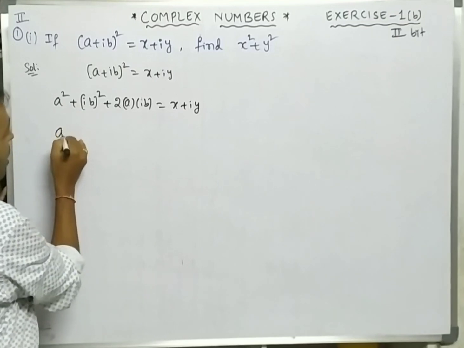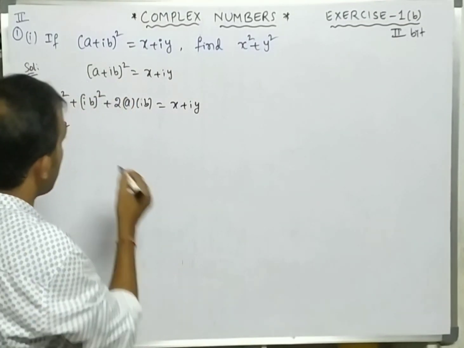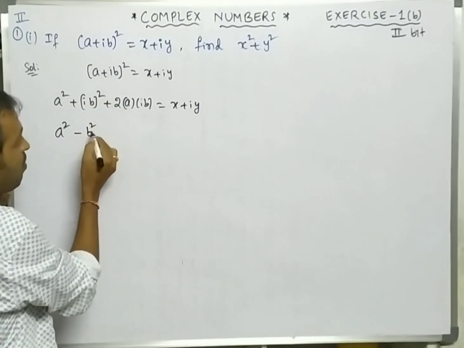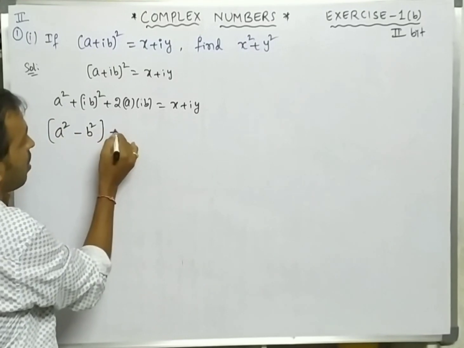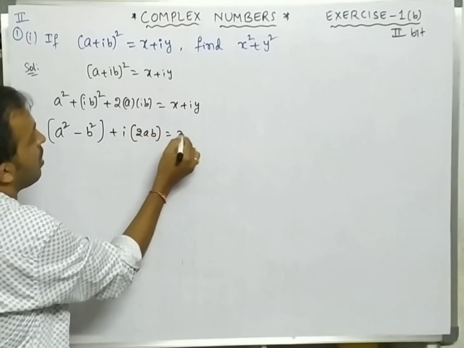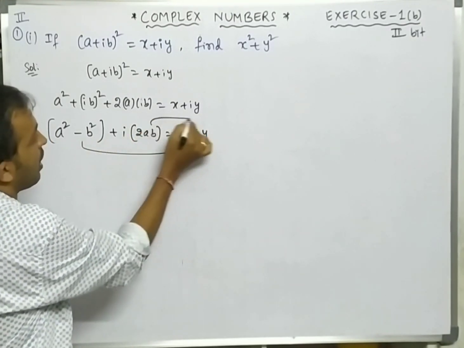Now what is the value of i square? Minus 1. So minus b square is the real part, plus i into 2ab is the imaginary part.